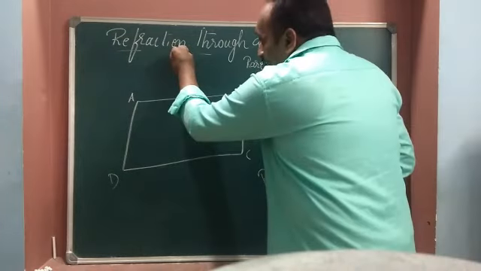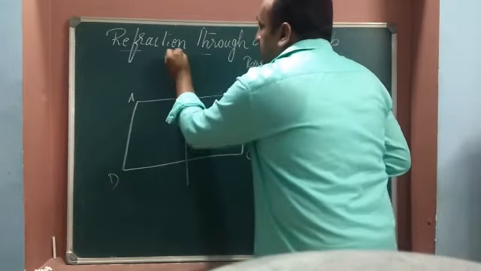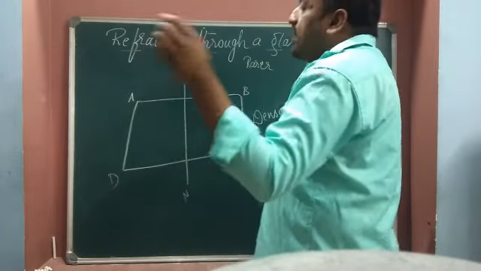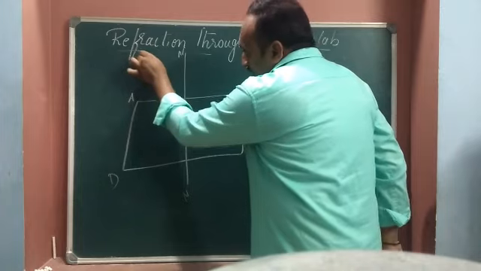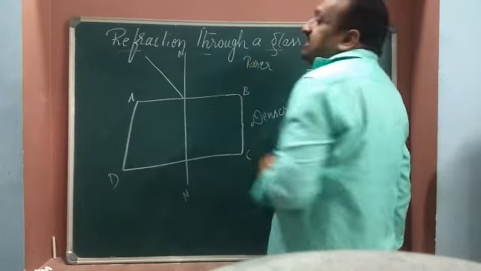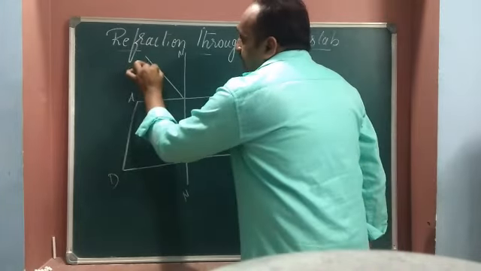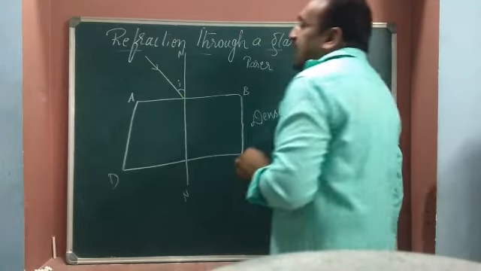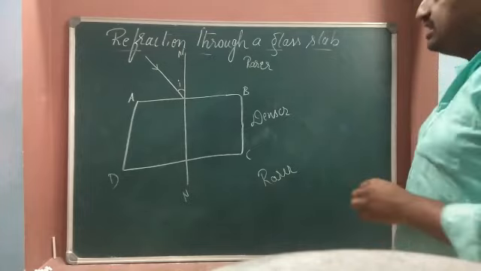Let me draw a normal N. A ray of light is incident at the point of incidence. So this is the incident light making an angle i, that is the angle of incidence.